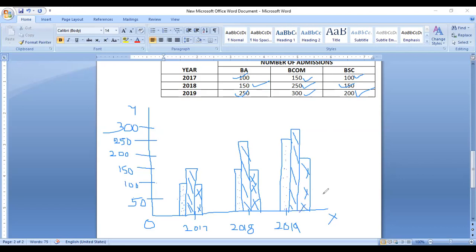Now we have to write compulsorily about them. So I am writing. First dots, this is equal to BA. Next, it is equal to, this is BCom admissions.